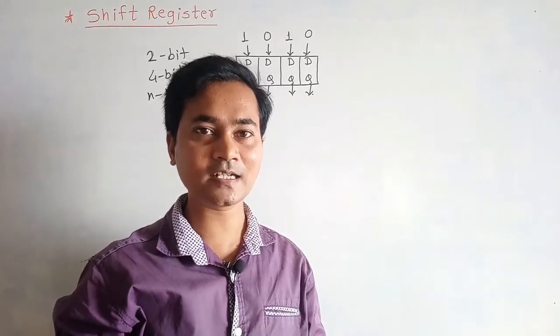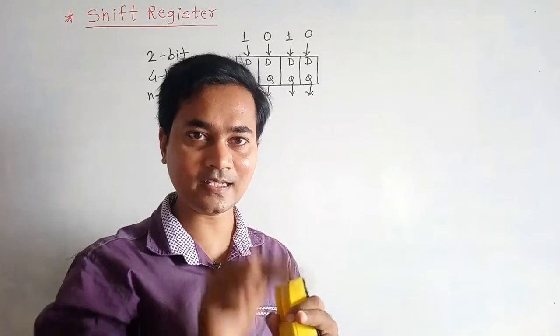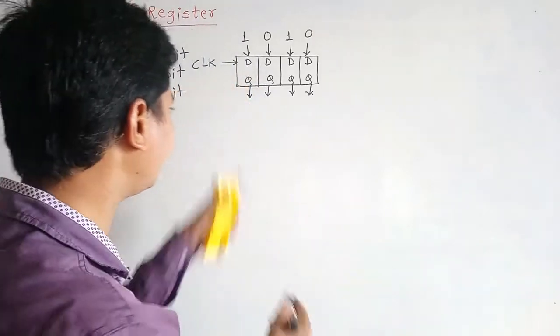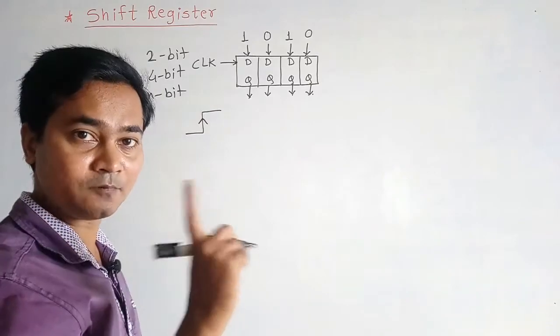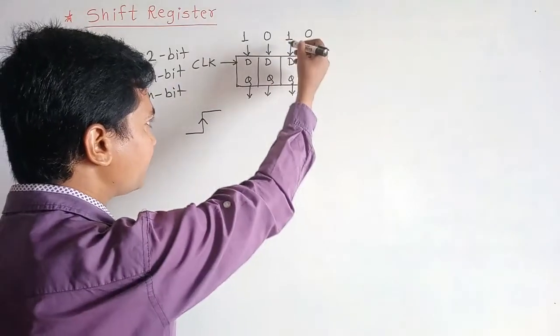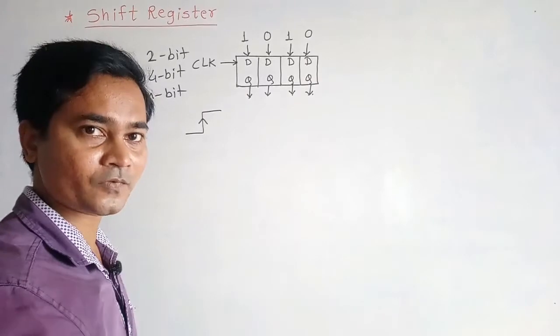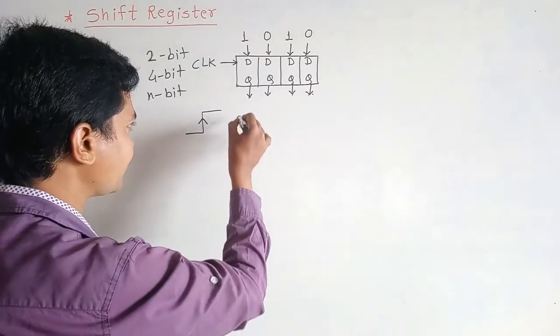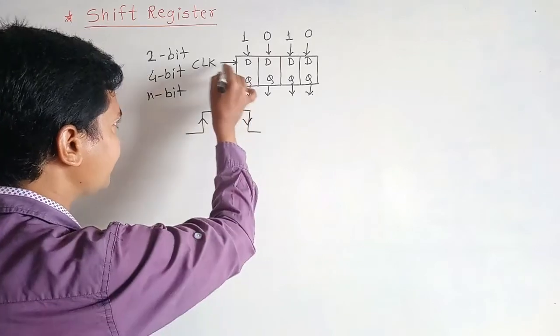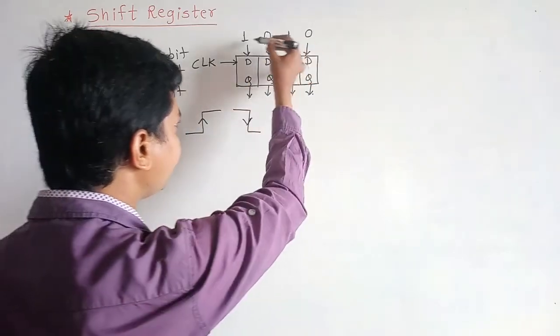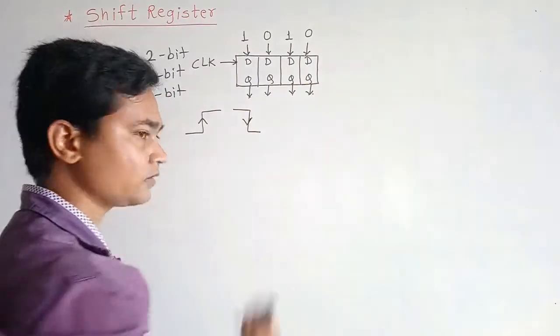Positive edge triggered means whenever the rising edge arrives on the clock signal, only at that time will the input data be shifted to the output. Negative edge triggered means whenever the falling edge is applied on this signal, only at that time will the input data be shifted to the output side.